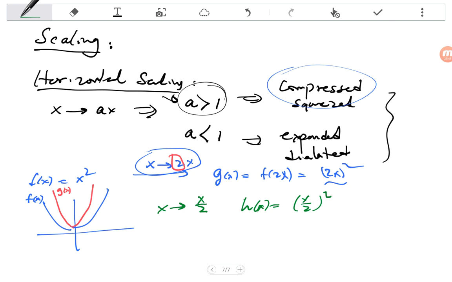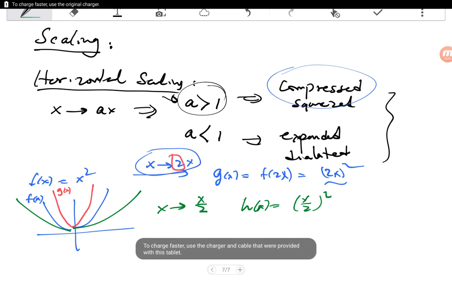It will be a horizontal compression or expansion. That will be an expansion, so it will be something like this. I have just expanded it horizontally.